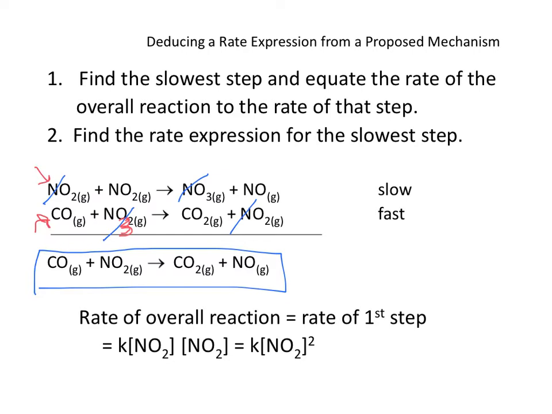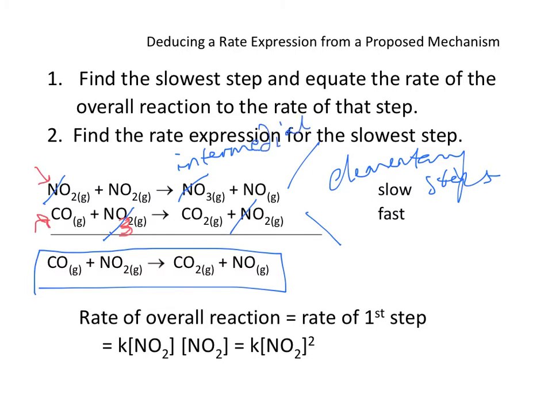Now, both of these are your elementary steps. And what gets cancelled, that will be called the, you got it right, intermediate. So you should know how to identify what's what, okay? And the one step which is slow is basically your RDS.